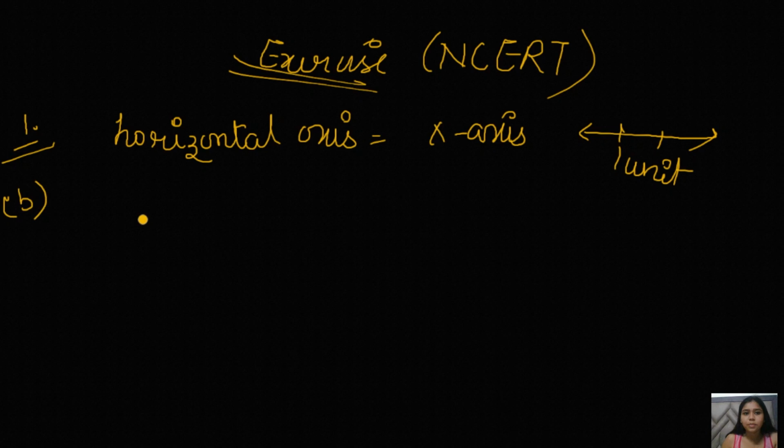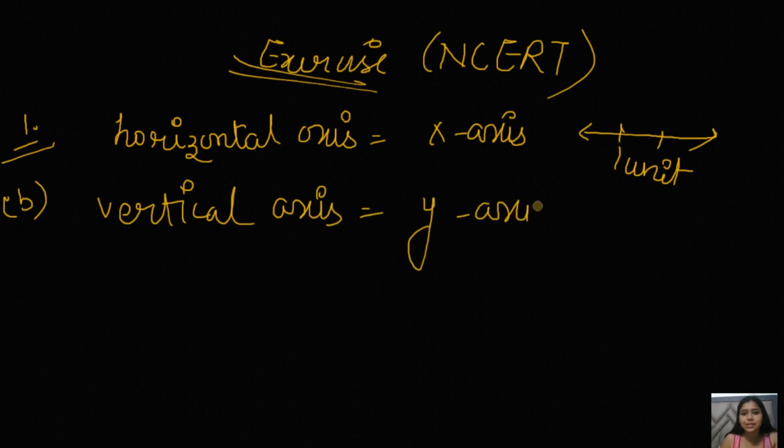The second part is the vertical axis. Vertical is basically the standing axis, so that is known as the y-axis, and this is what we call the x-axis, right?